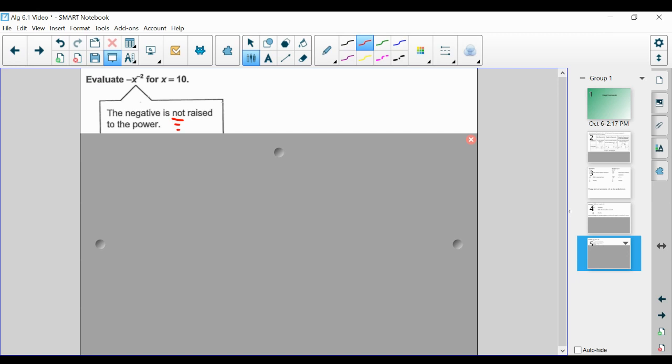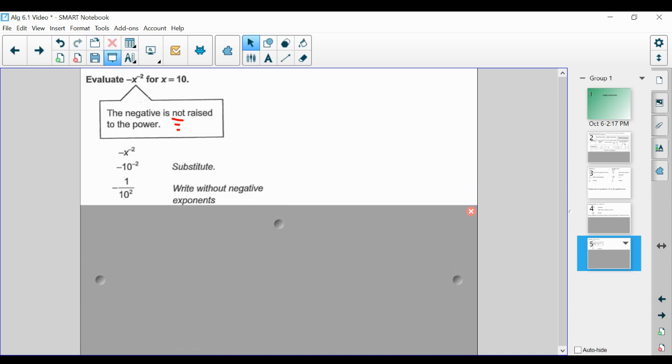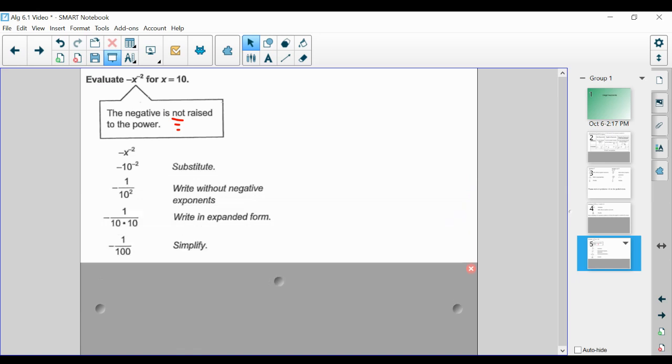It's not raised to it because it's the opposite of x to the negative 2nd. It is not getting raised to the power. So what we can do is, again, substitute. x is 10, so it becomes the opposite, or negative 10 to the negative 2nd. We can rewrite without negative exponents, and we get negative 1 over 100.